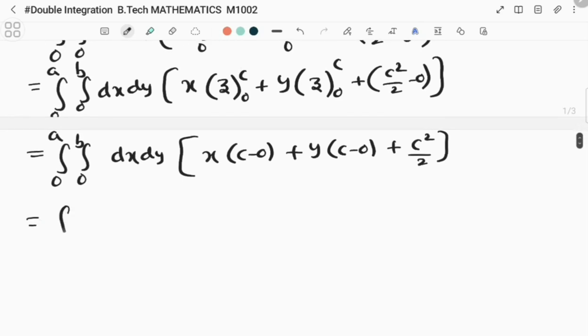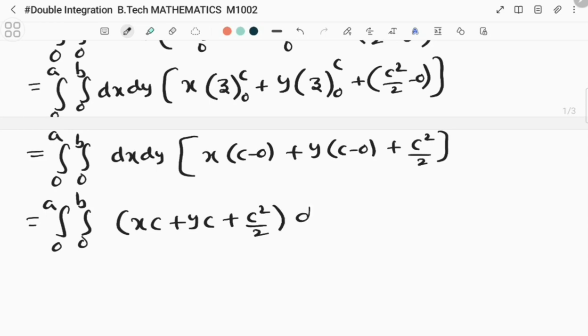So integral 0 to a dx, integrating with respect to y, dear students. So xc we can treat as a constant, xc into integral 0 to b dy, yc integral 0 to b dy. Here c square by 2 is also constant, we can take outside, integral 0 to b dy.